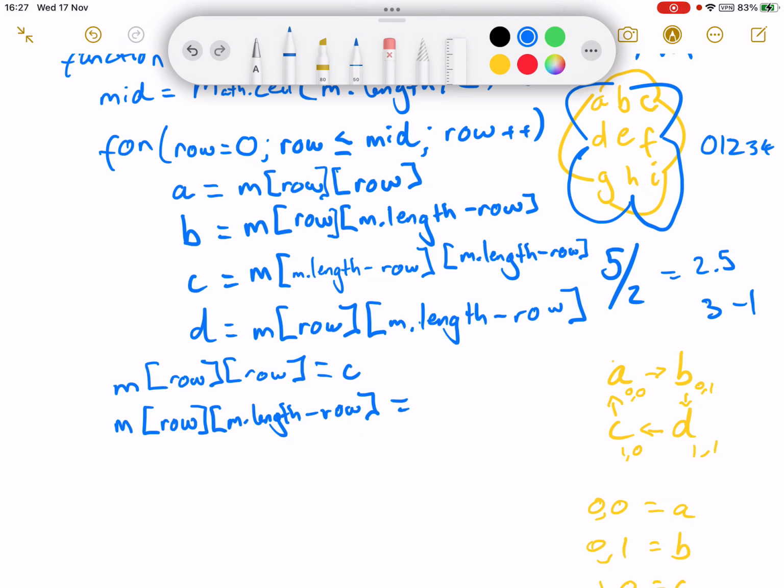This is B is equal to what was it? A now, then M row and length minus row.